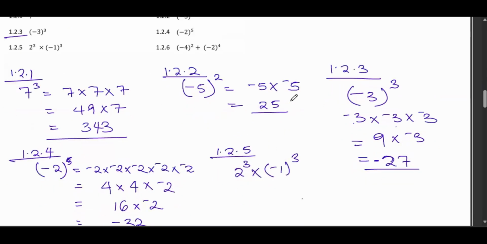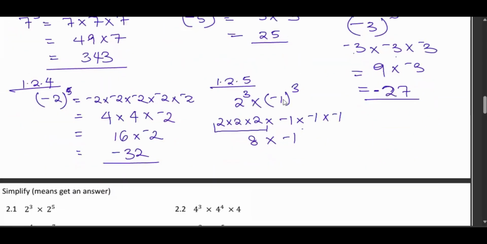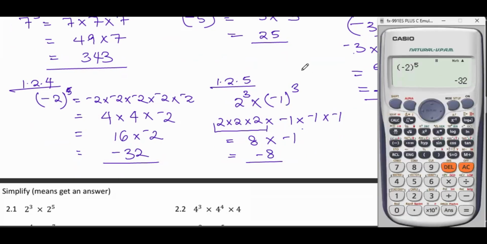Let's expand, which simply means it's 2 times 2 times 2 times negative 1 times negative 1 times negative 1. When you multiply all this, you'll end up having positive 8 times negative 1. So my answer here becomes negative 8. You can confirm that using your calculators.